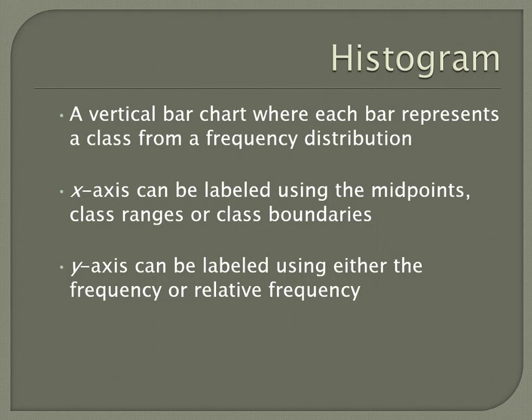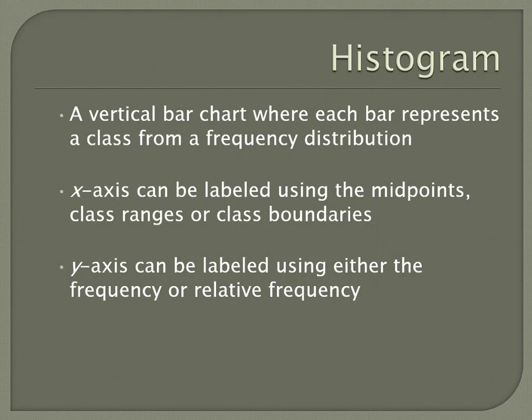So generally what I do is I label the x-axis with the midpoints, because again, the class boundaries I don't generally use. The class ranges tend to cramp up the chart because you have to put 2 values per bar. So it makes your chart look a little bit cramped. So I prefer the midpoints.